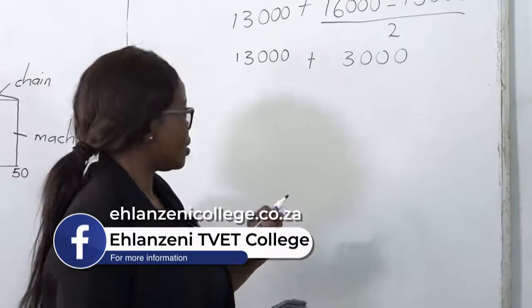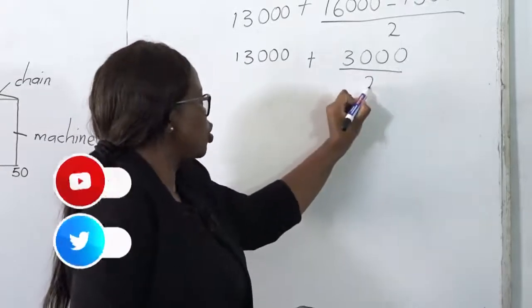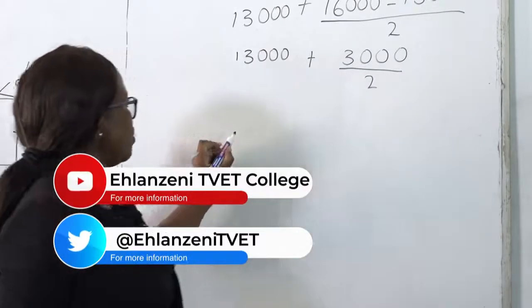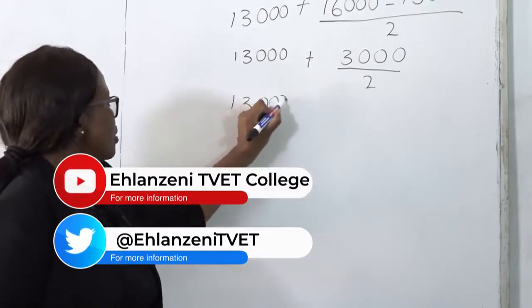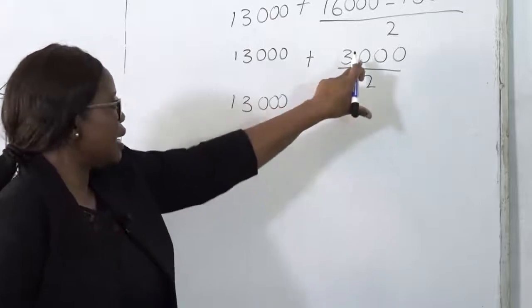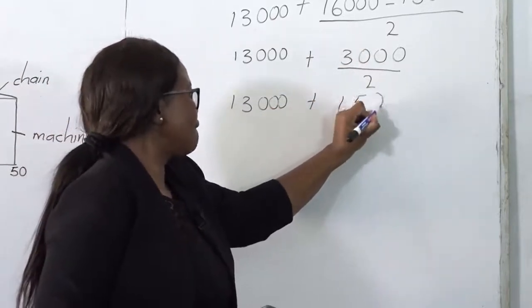Yes, 3,000, right? 3,000 divided by 2. So here we are saying 13,000 plus 3,000 divided by 2 is 1,500.